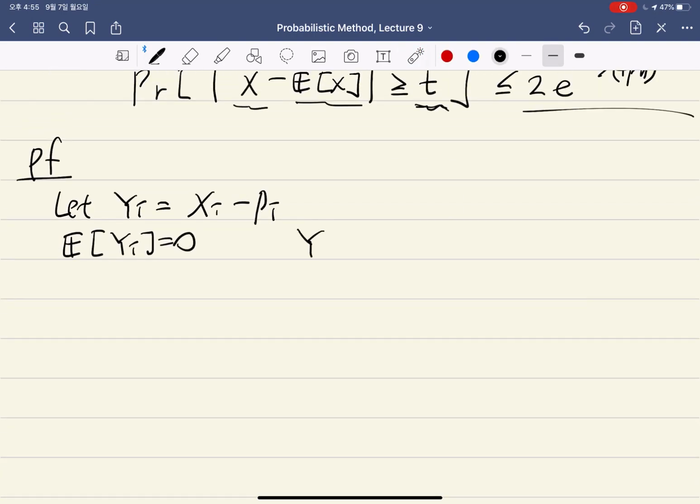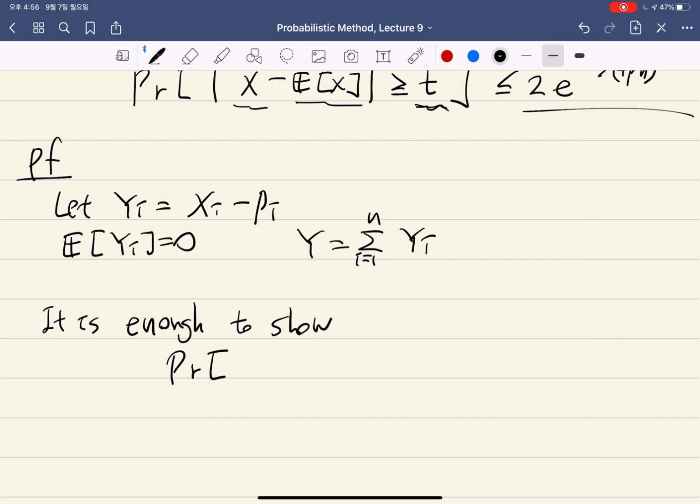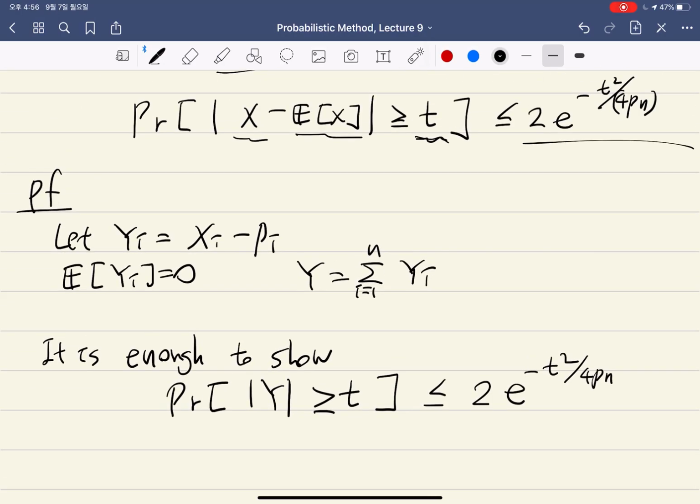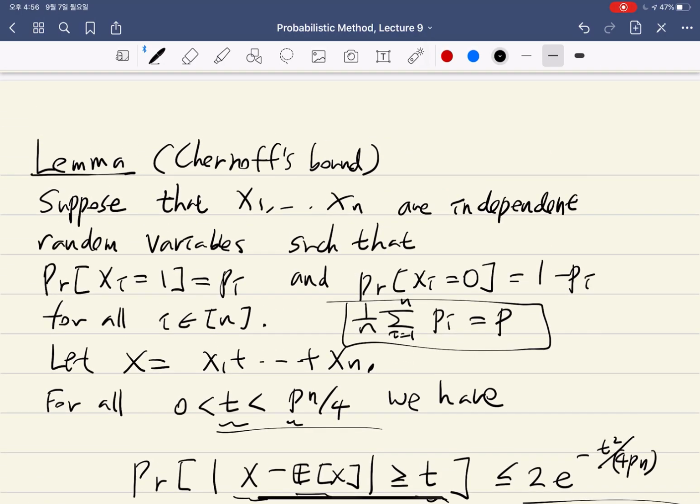And let y be the summation of yi. Then it is enough to show that the probability that y has absolute value bigger than or equal to t is bounded by 2 times e to the negative t squared over 4pn. Again, p is this.